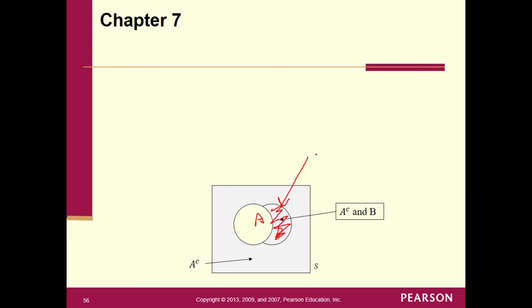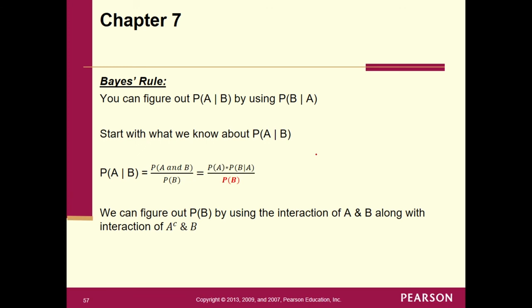And so if we start with the probability of B and use those thoughts, the probability of B is actually equal to the probability of A and B plus the probability of the complement of A and B. And now you've got all of B, no more, no less.